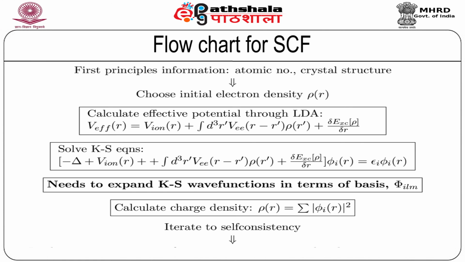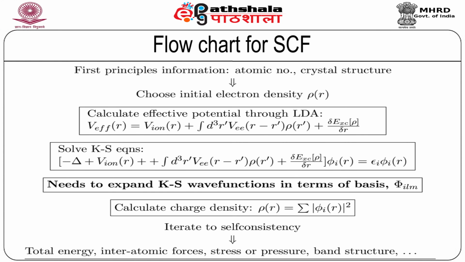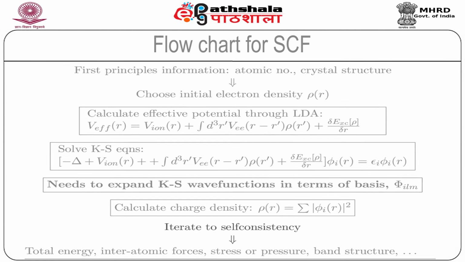And once this minimum value is achieved, one basically reaches convergence in the calculation, and one can then calculate the total energy, interatomic forces, stress or the pressure, and the band structure, a number of properties.